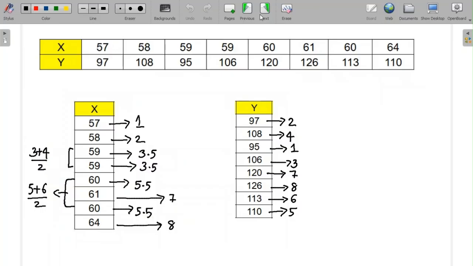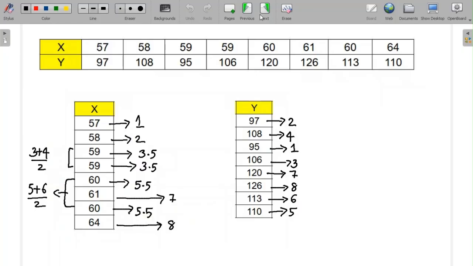For y though, we do not have a problem because all values are distinct. 95 takes up rank 1, 97 takes up rank 2, 106 takes up rank 3, 108 takes up rank 4, 110 takes up rank 5, 113 takes up rank 6, 120 takes up rank 7, and 126 takes up rank 8.